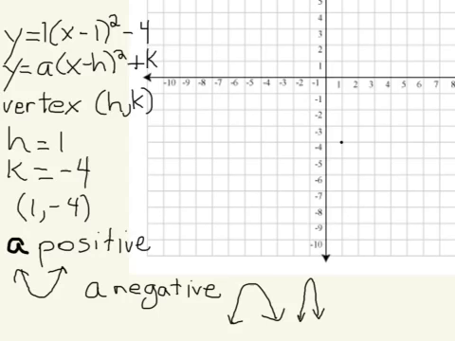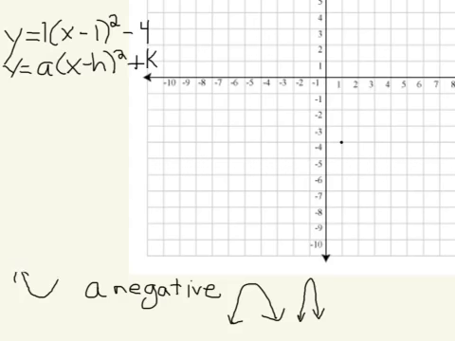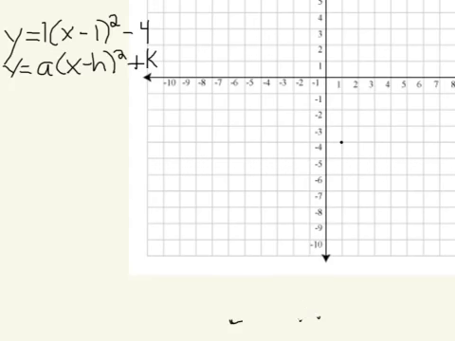So we can't draw the parabola in yet unless we get some more information. And one of the easiest things to find is the y-intercept. So let's go ahead now, make some space here, and see if we can figure out where this parabola crosses through the y-axis. So we know it opens up from here. So it could open up skinny, or it could open up wide. We don't know yet. So in order to figure out where it crosses the y-axis, let's put in x equals 0.